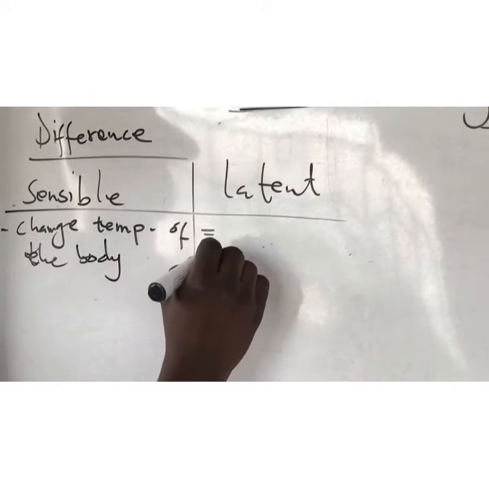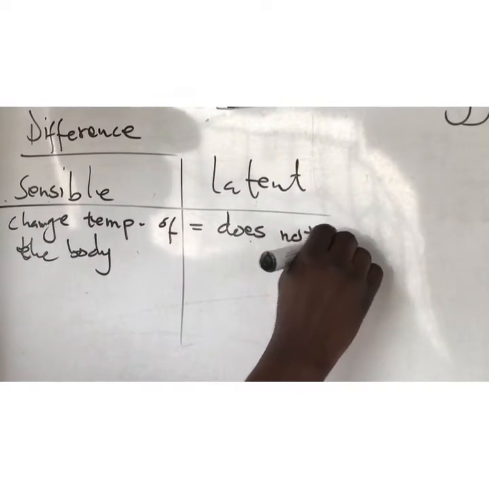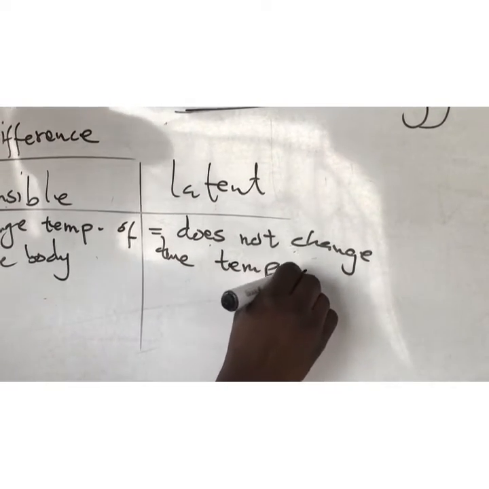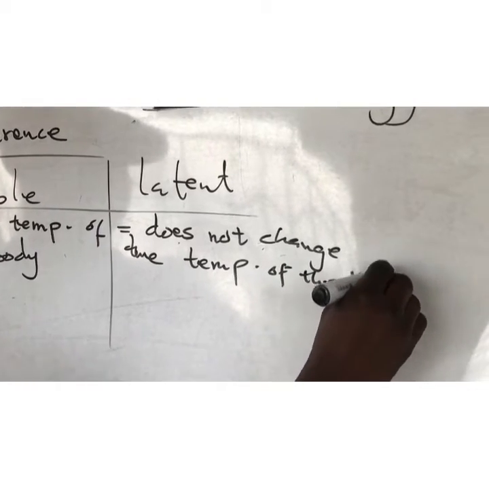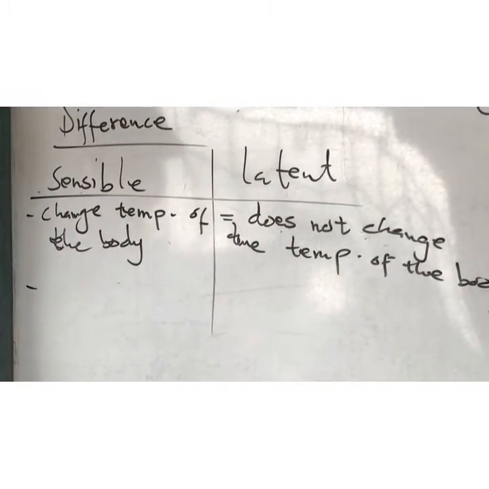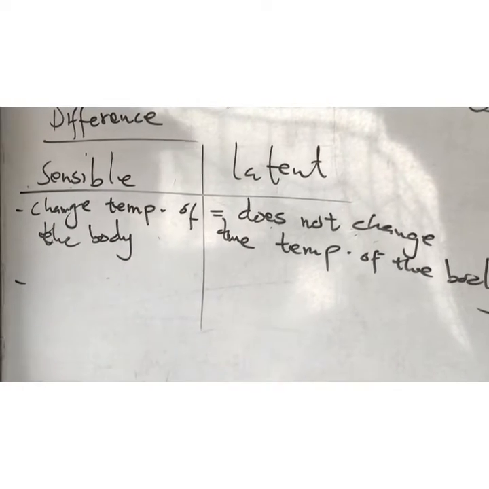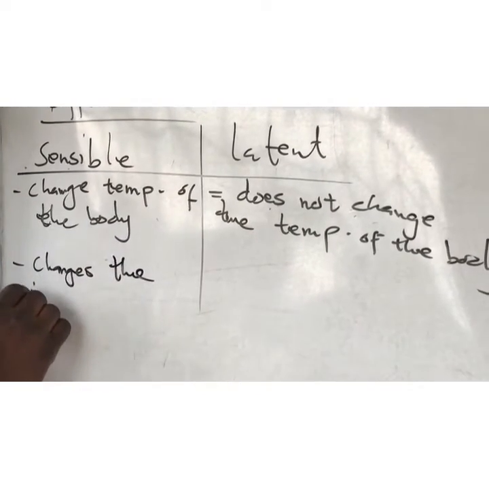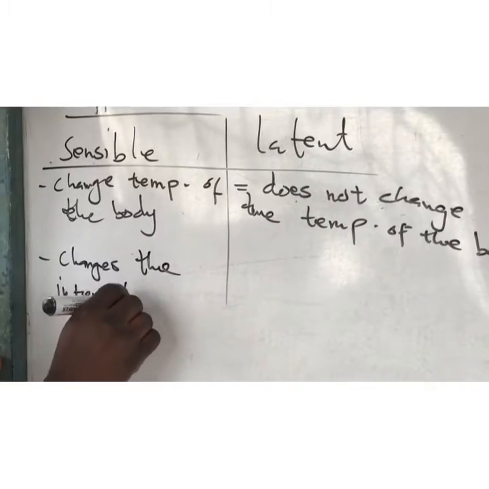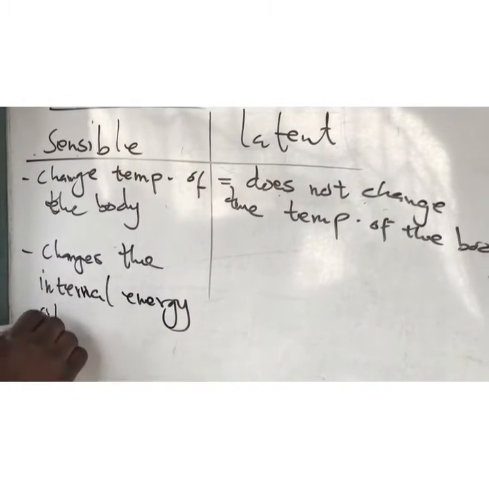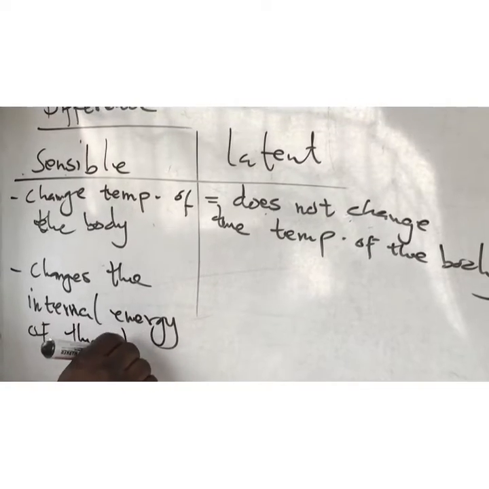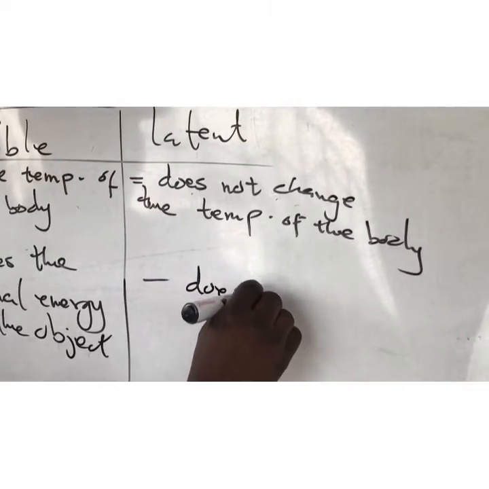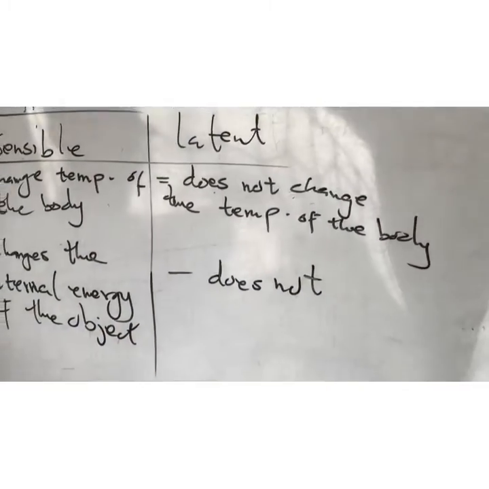But latent heat does not change the temperature of the body. The same way, sensible heat changes the internal energy of the object, but latent heat does not change the internal energy of the object.